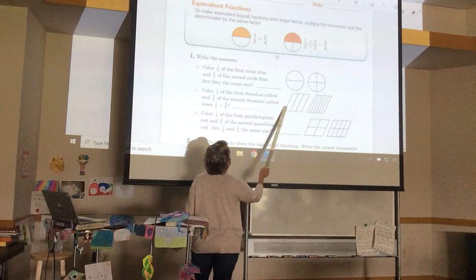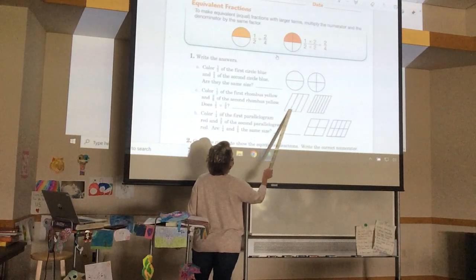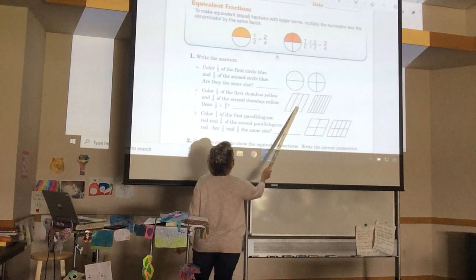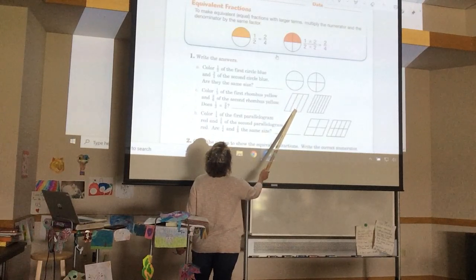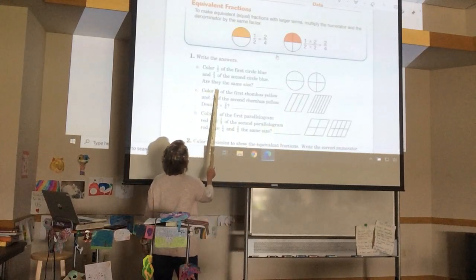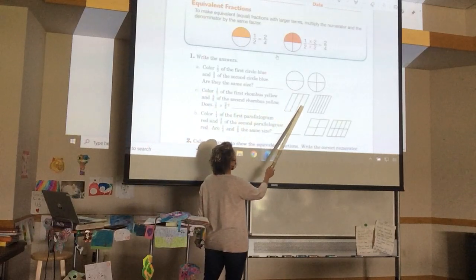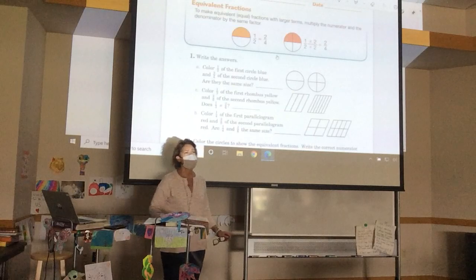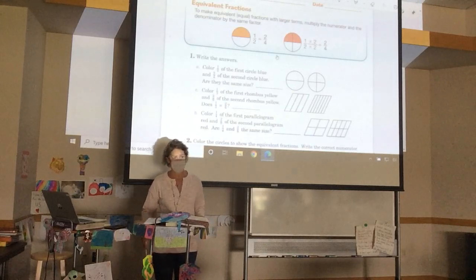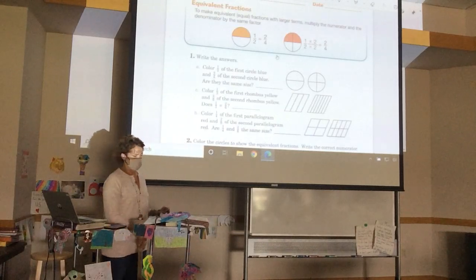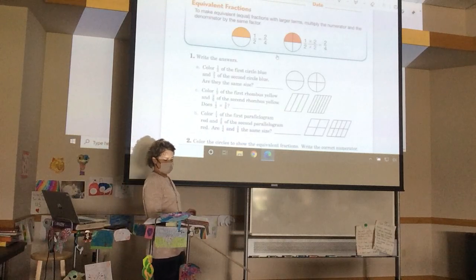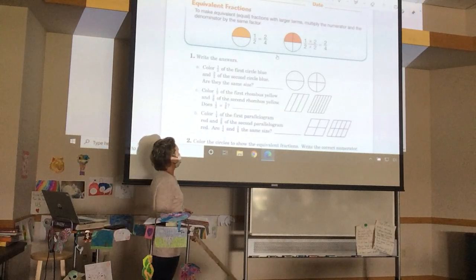So what is the denominator going to be in this fraction? 3. So it's asking you to color 1/3. So how many parts of this rhombus are you going to color in to show 1/3? Helen? 1. Yes. That is correct.